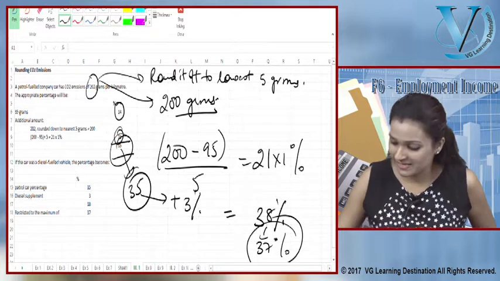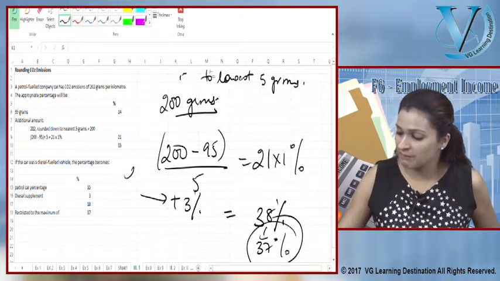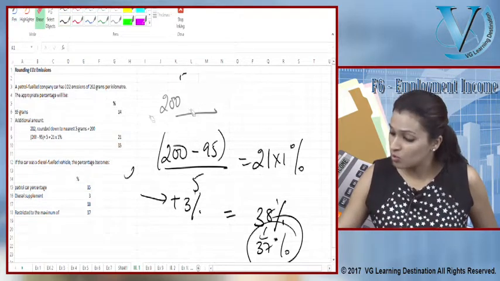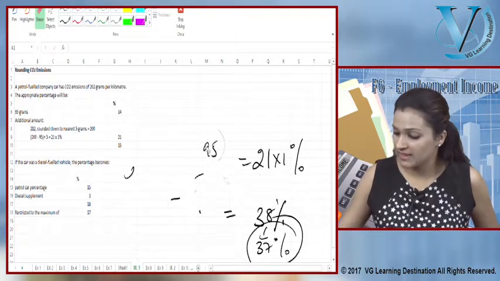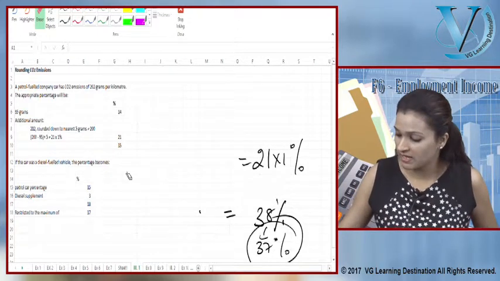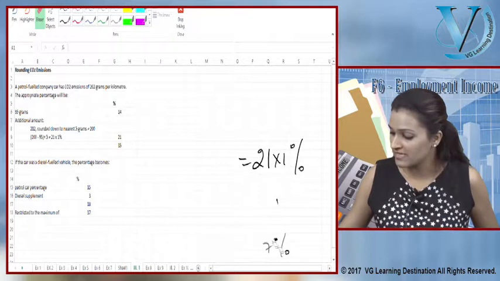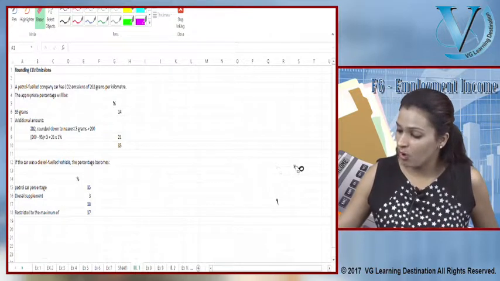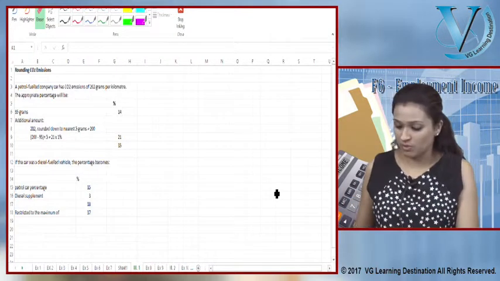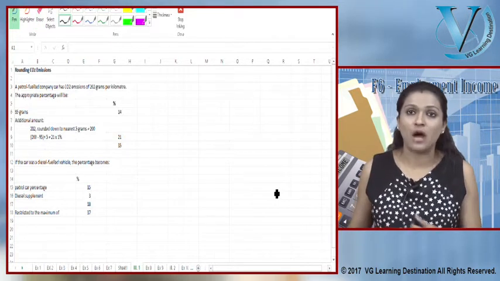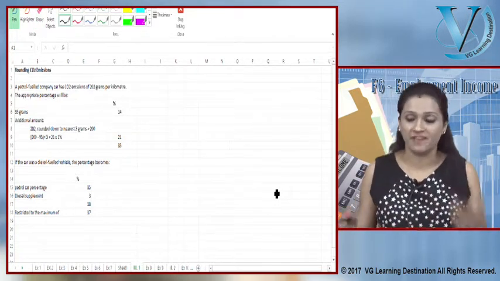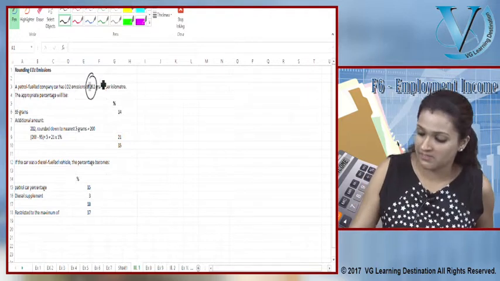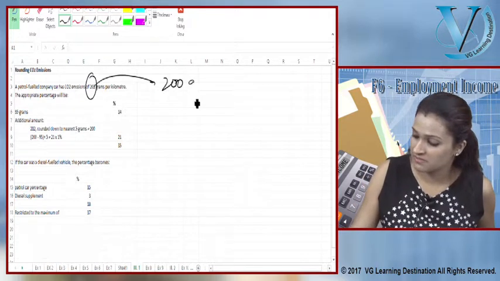So, very simply, remember the rules. The rules would not be told to you in the supplementary sheet, but the chart would definitely be given to you. You first begin with rounding off the CO2 emissions of the car to the nearest lowest 5. 202 grams becomes 200 grams.